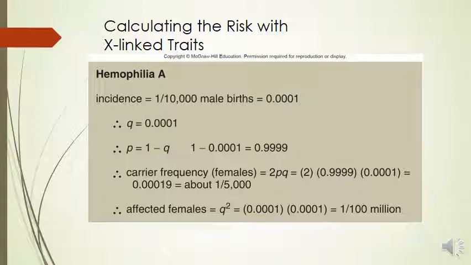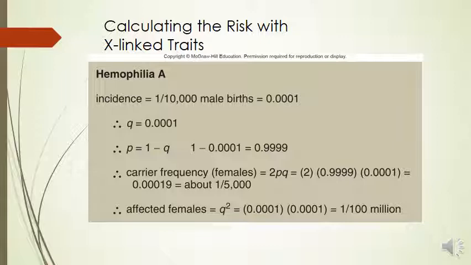The incidence of carriers, who are all female, equals 2pq, or 2 times 0.0001 times 0.9999, which equals 0.0002, or 0.02%, which equals about 1 in 5,000.